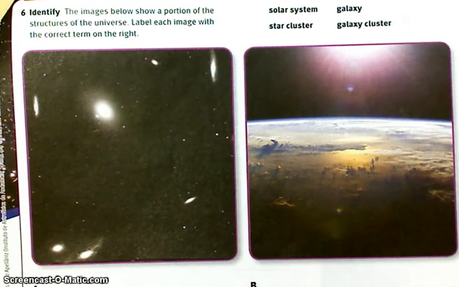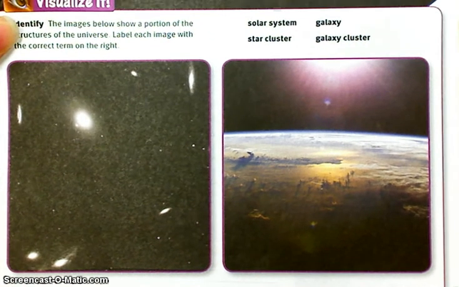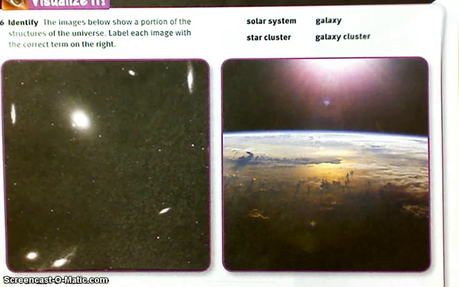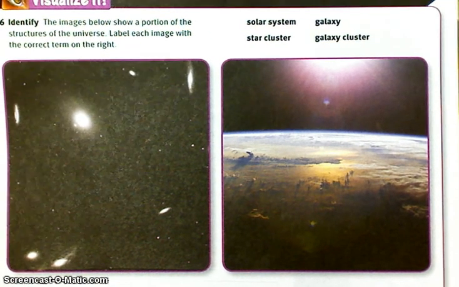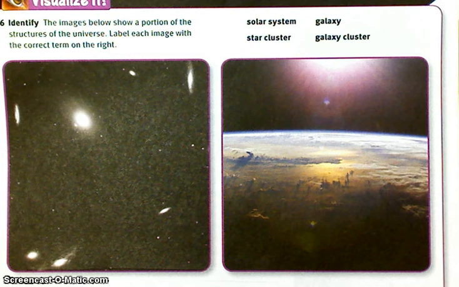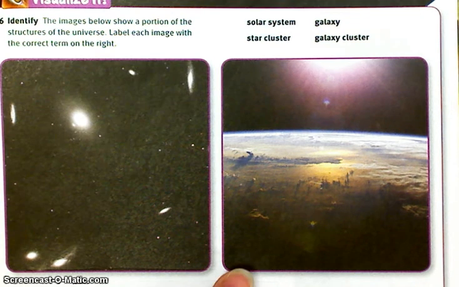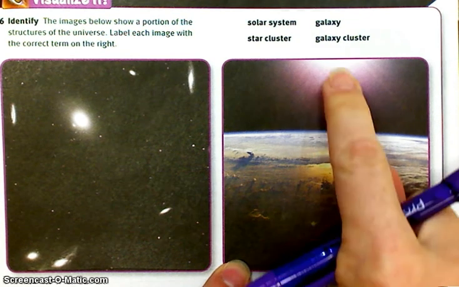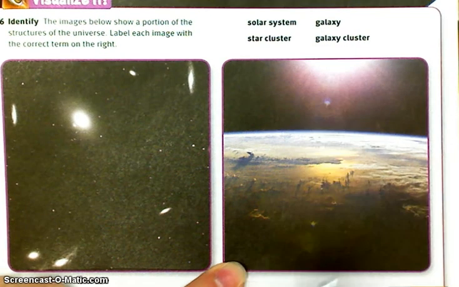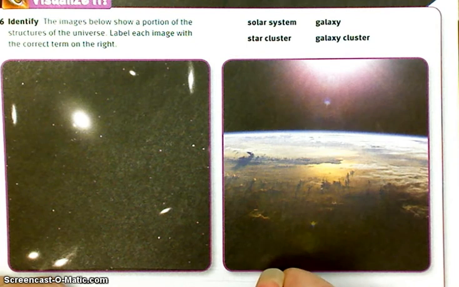All right, page 325. It says to identify the images below. The images below show a portion of the structure of the universe. Label each image with the correct term on the right. All right. I'm going to start with this one because that looks like Earth with the sun. And so we're going to identify that as part of the solar system, part of our solar system.